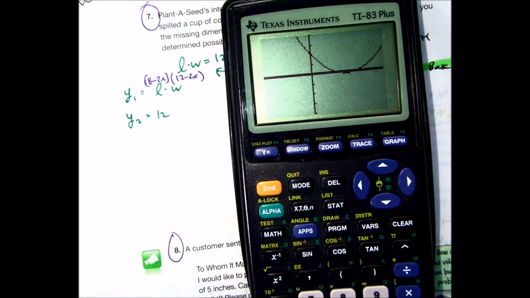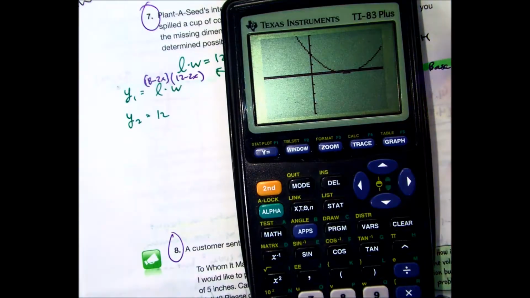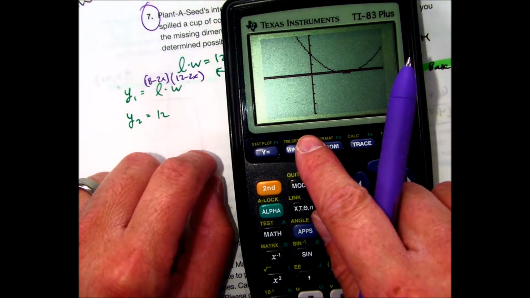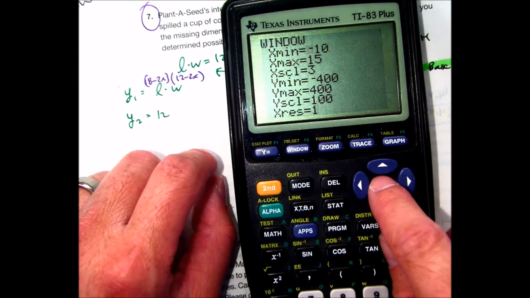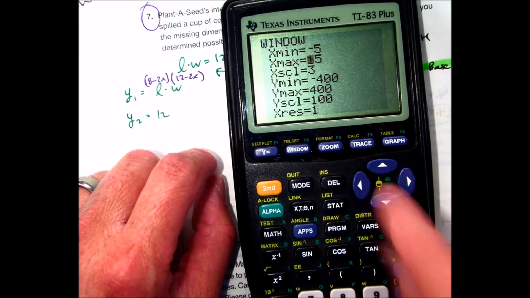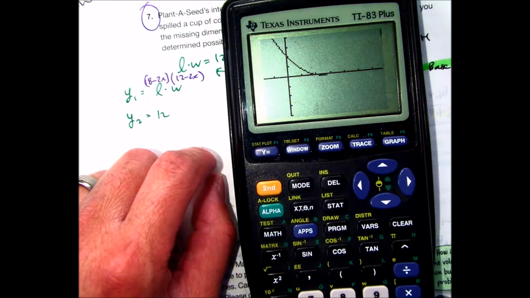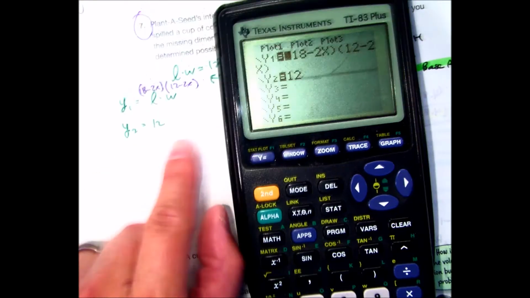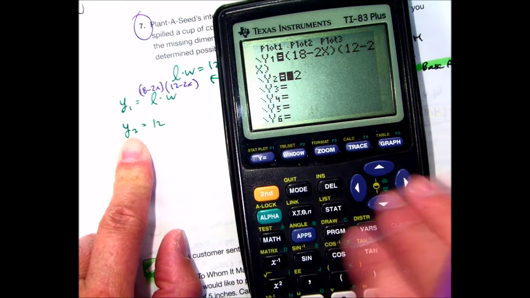Okay, so I got that on page 319. Actually, you know what? Those dimensions are for the volume, and this was the base area, so I can just change my window. Let's go to 20. Alright, now I'm going to go ahead and graph the second function, which is 12. Which already has it in there.